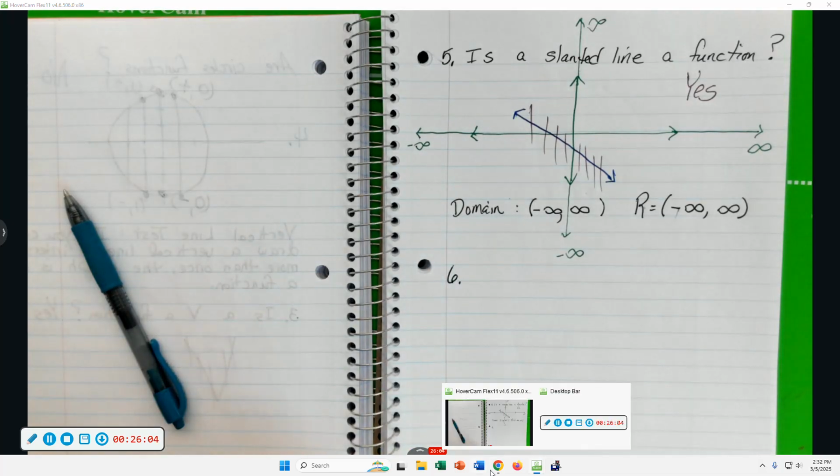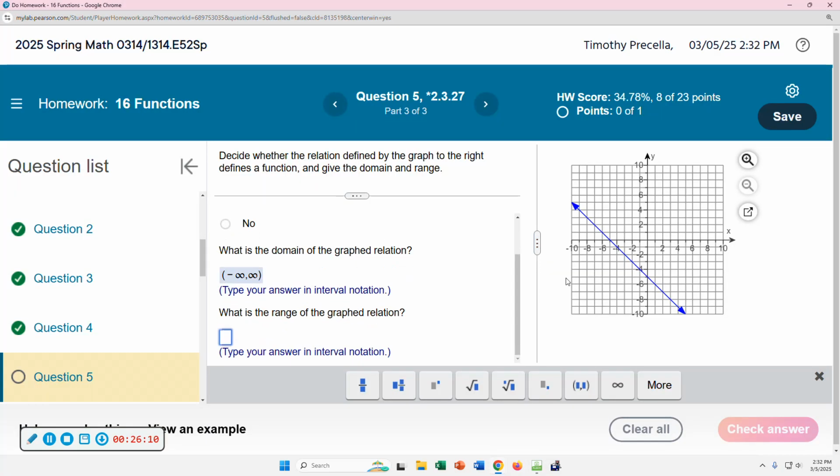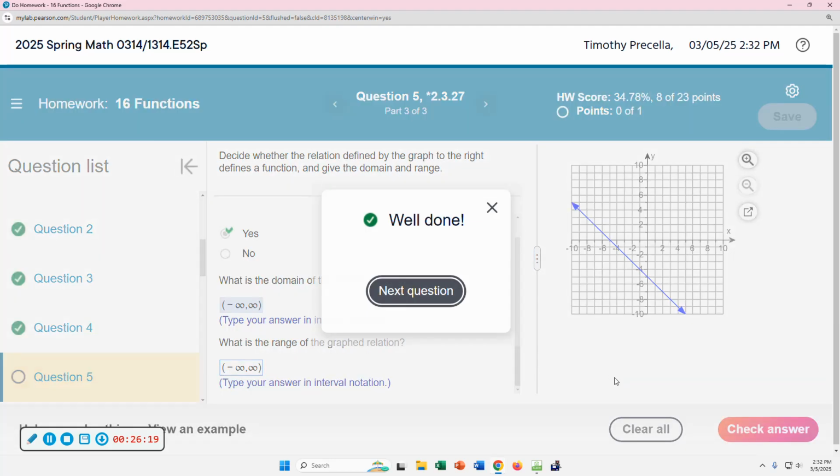Okay. I don't think I've typed in the answers to them. Okay, there. Range. So what we're saying is that the graph is continuing to go to the left and right forever, and it's going to continue going up and down forever.